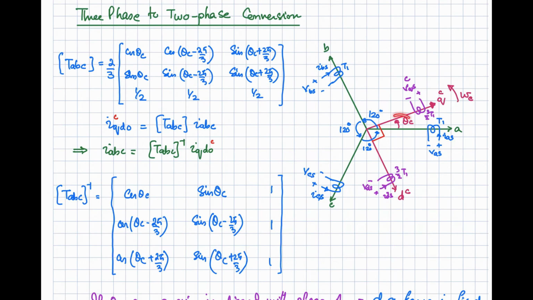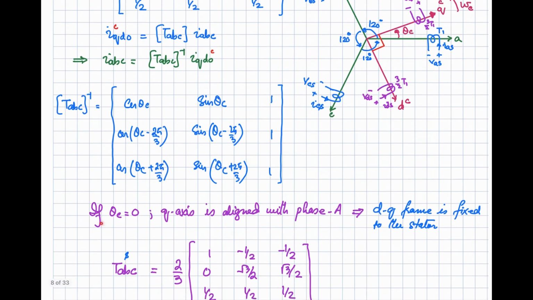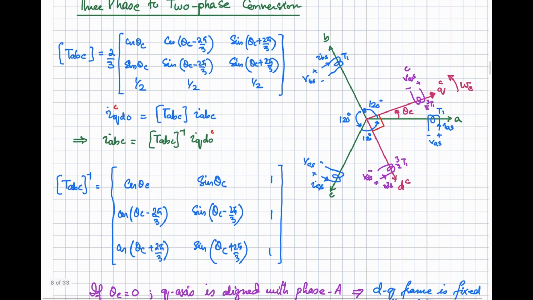If this theta c becomes 0, and we see that this q axis and the d axis are fixed, those are over here. So if theta c is 0, q axis is aligned with the phase A, and we say that this d and q axis is not rotating, they are fixed. So then it will become the stationary frame of reference, and in that this transformation matrix is very simple.